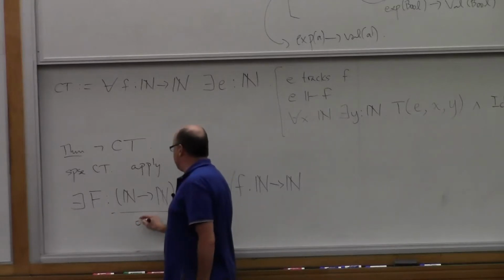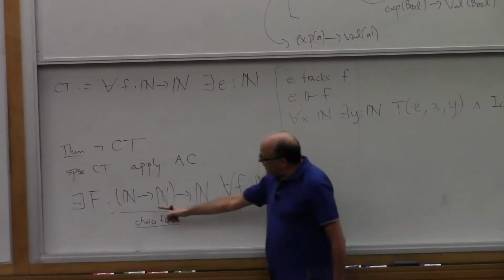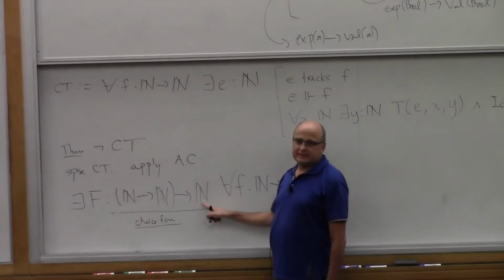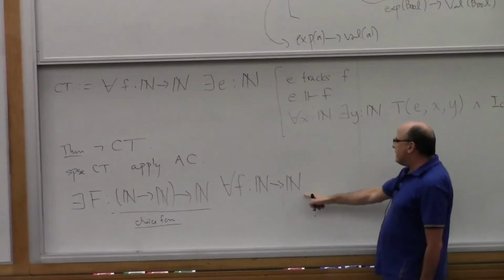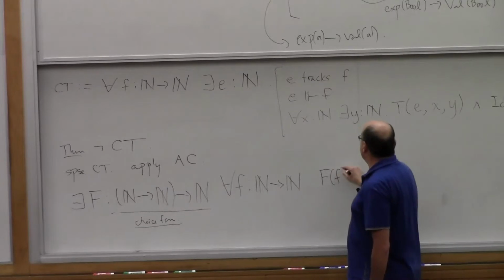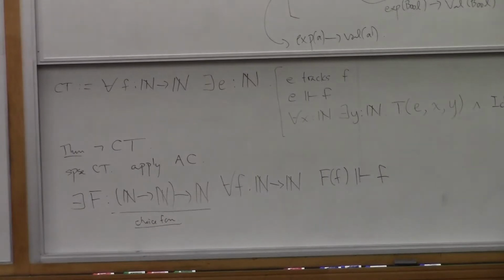This should start to make you suspicious now. Because what is this choice function doing? Well, what it's doing is it's taking a function in extension and finding a program for it. Oh, that should be very worrisome. So it has the property that for every f in N arrow N, we can write it out, that F of f, let's say, tracks f. Just so that I don't have to write that all out again. Tracking f means when you run it with your evaluator, you'll get, point for point, the output that you're supposed to get.